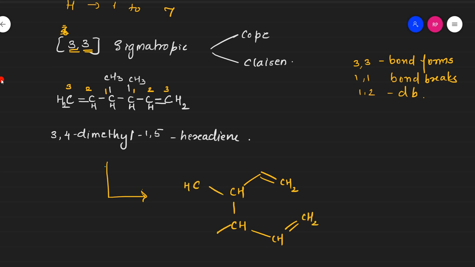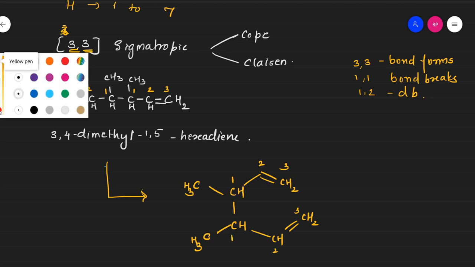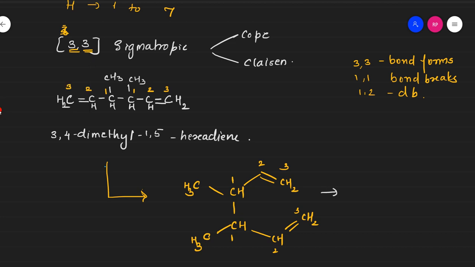So just to show you, this is 3, 2, 1. This is 3, 2, 1. I told you bond formation and bond breaking takes place, yes or no? So now, if you want to write the cyclic transition state, just write it as it is. Now you know where the bond formation and bond breaking are going to take place. 3,3 bond formation. 1,1 bond breaking.